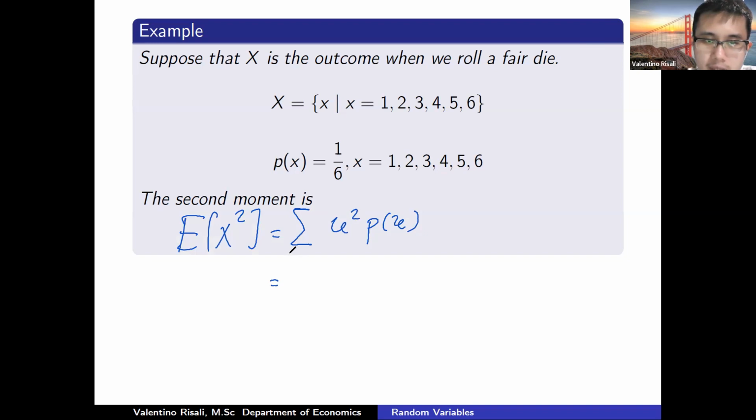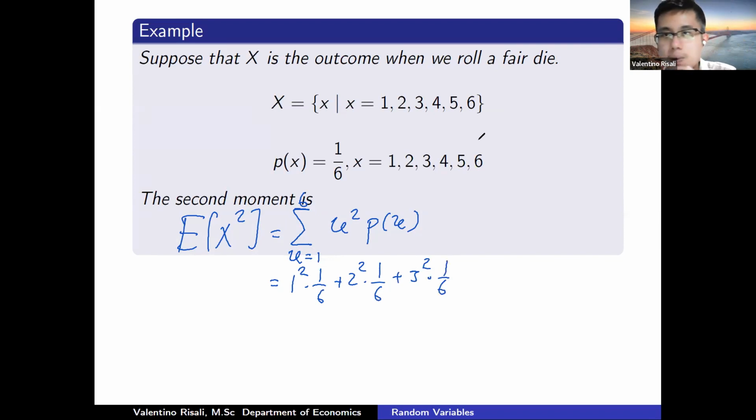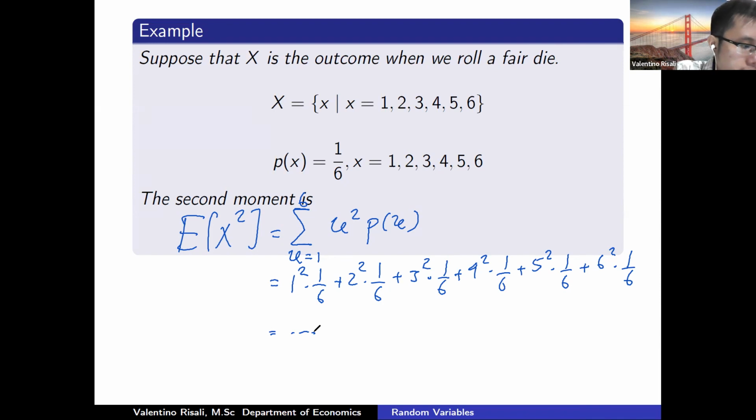We complete the sigma for x from 1 until 6: 1 squared times the probability, 2 squared, 3 squared, 4 squared, 5 squared, 6 squared, and you can compute these values.